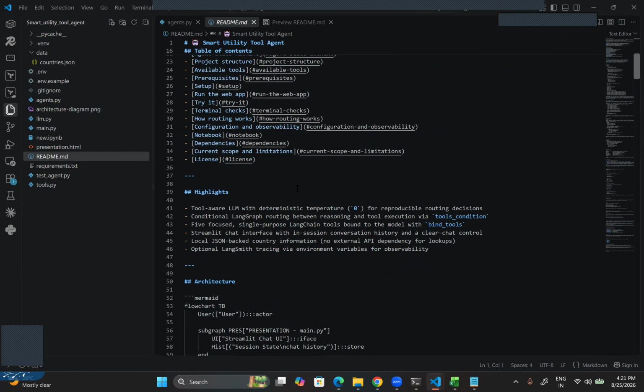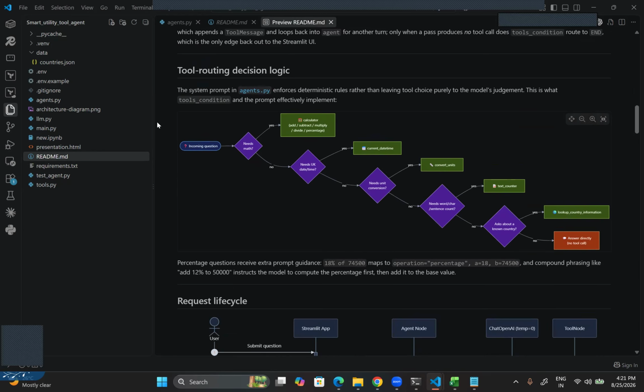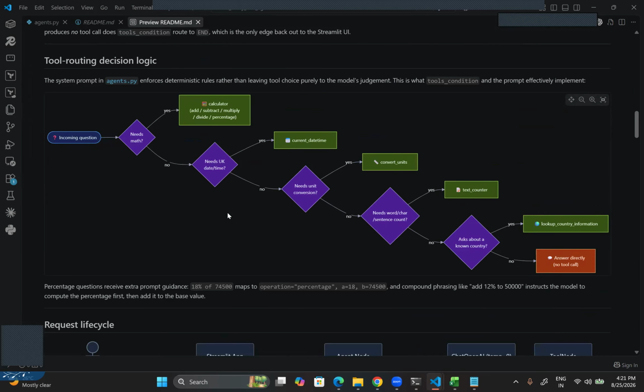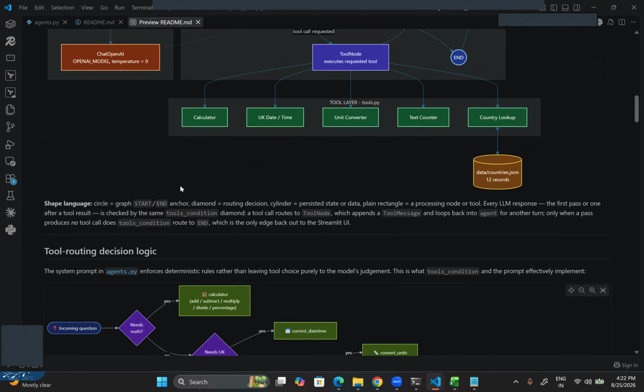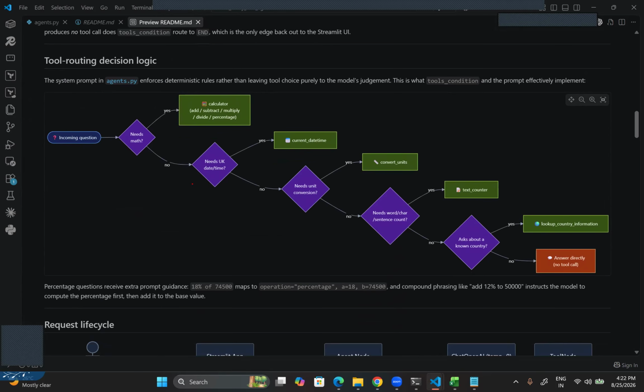If I go to the readme.md preview, now try to understand this. What is happening? An incoming request is coming. This is the tools condition, right?